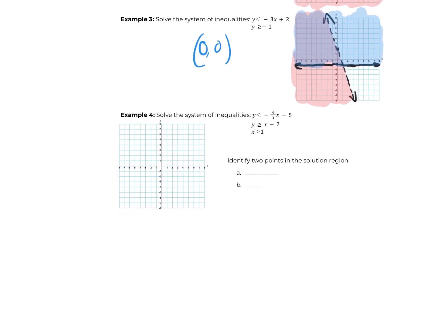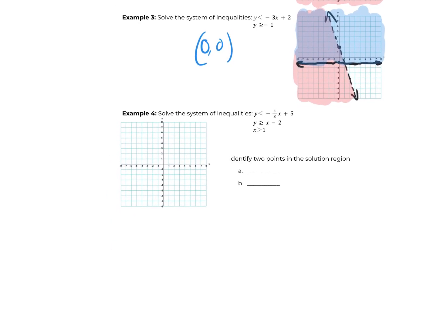All right, example 4, solve the system of inequalities. We got 3 inequalities on this one. So we're going to start with the first one. We got +5 as the y-intercept. Slope is negative 4/3, means I go down 4 and to the right 3. And that's going to be dashed.